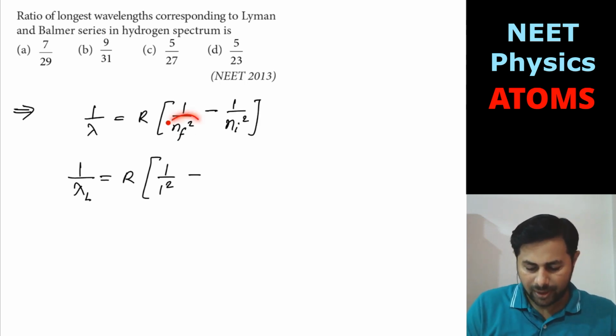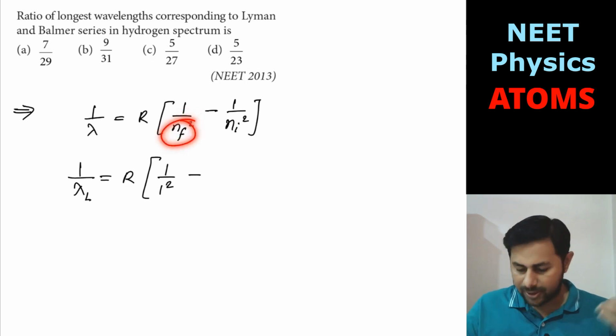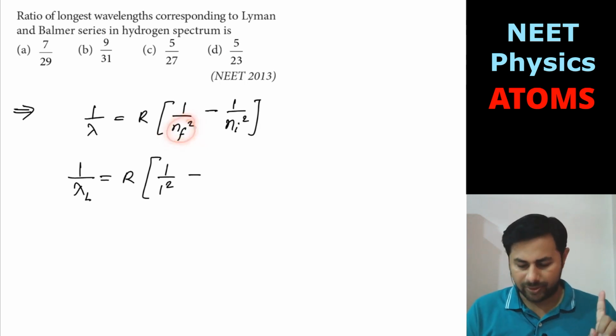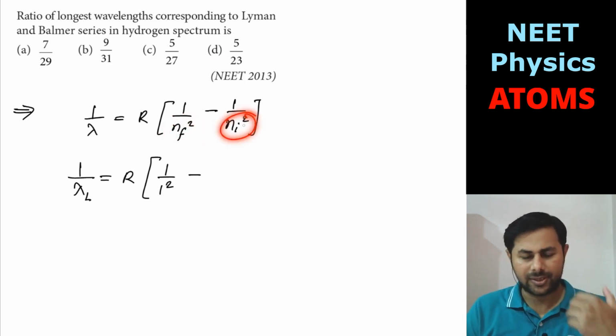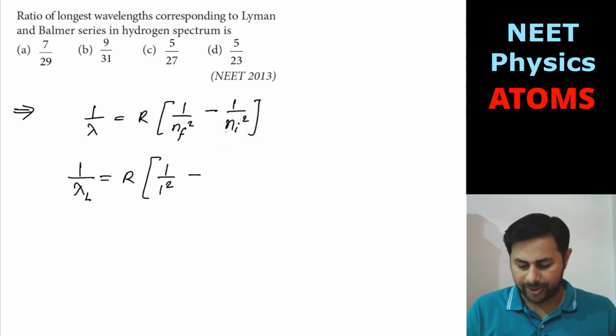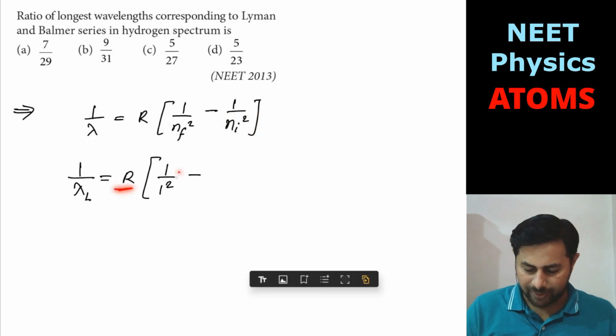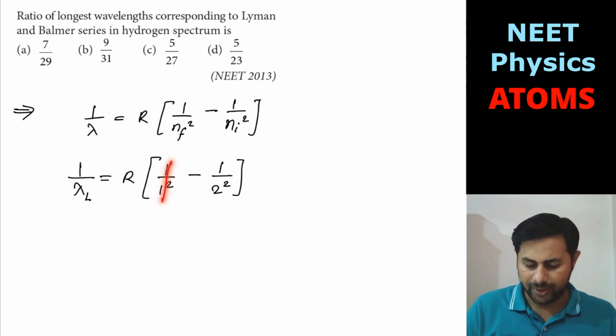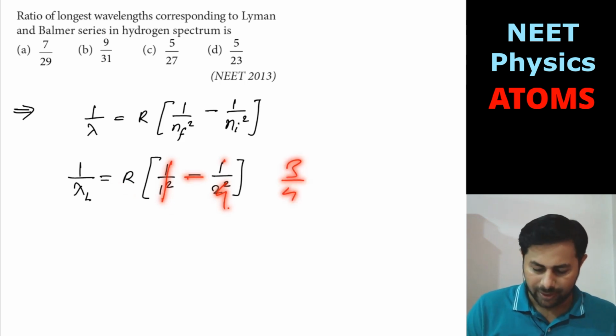For the longest wavelength, we want that electron jumps from just next orbit. For Lyman, the final orbit is 1, initial orbit is just next to 1, that is second orbit. So you have 1 by lambda L is equal to R multiplied by 1 by 1 square minus 1 by 2 square. So this is 1 minus 1 by 4, so that is 3 by 4, right?